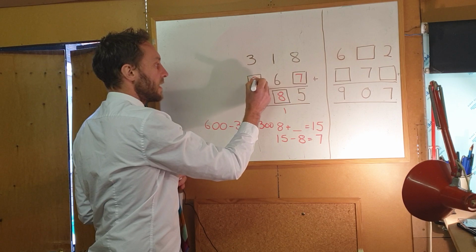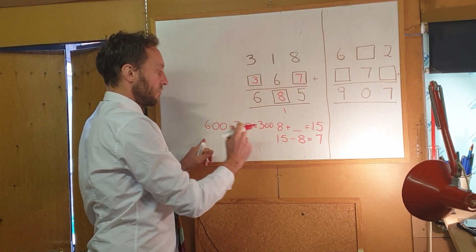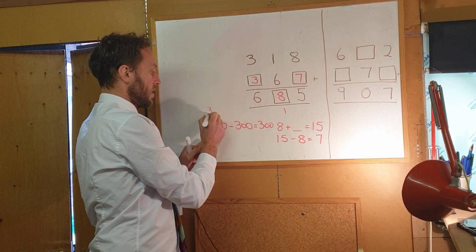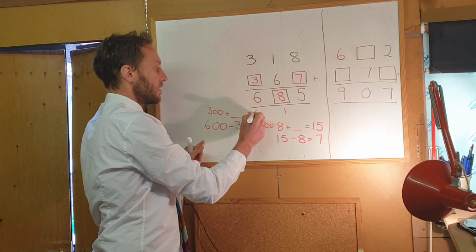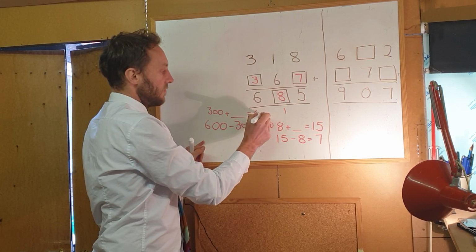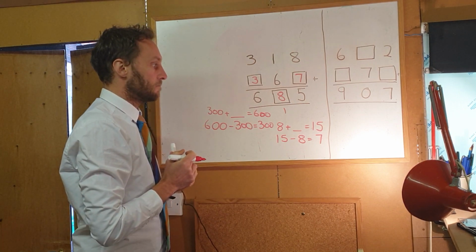So that's going to be a 3. Again, I've used the inverse rule because that started off as 300 add something equaled 600. I've used the inverse rule there to find that missing value.